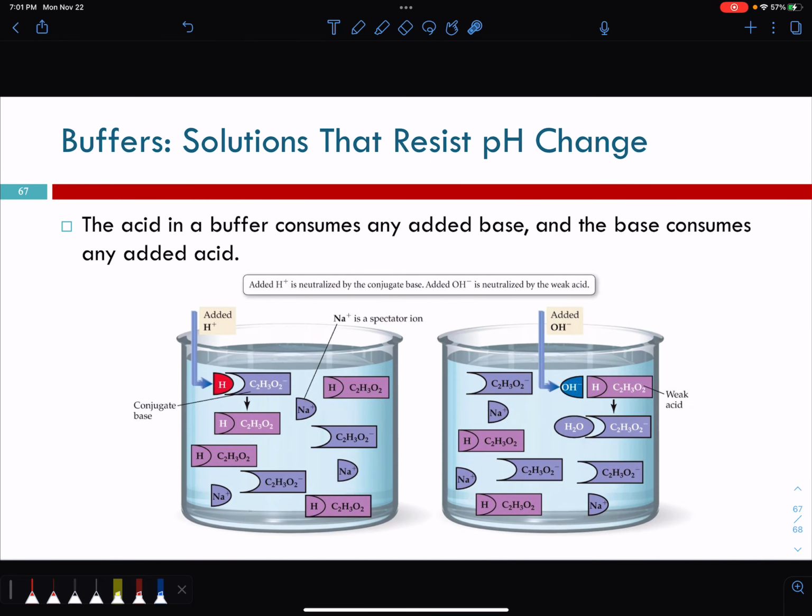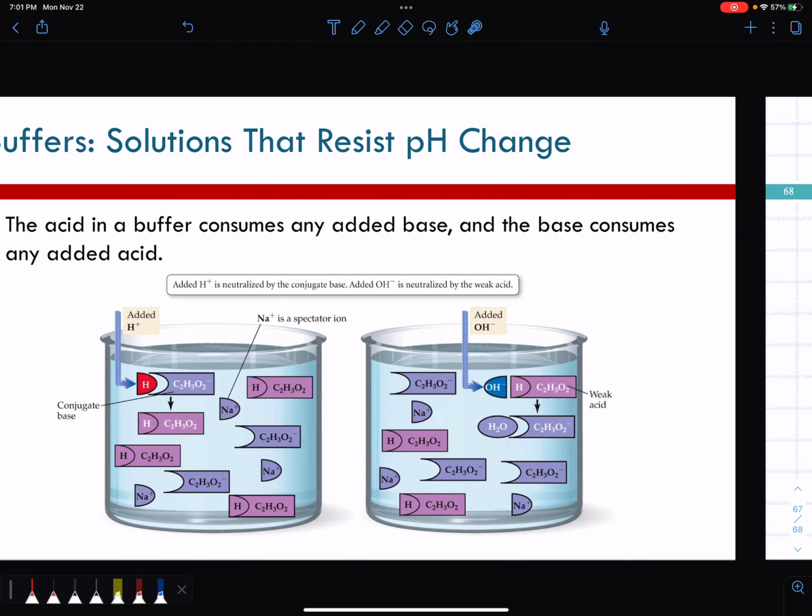But there's a lot of acetic acid present, so it doesn't shift the pH very much. Any acid in a buffer consumes any added base, and the base consumes any acid. Whatever you add, up to a certain point, it'll balance that out. So if you add the OH minus, we're able to balance those out.